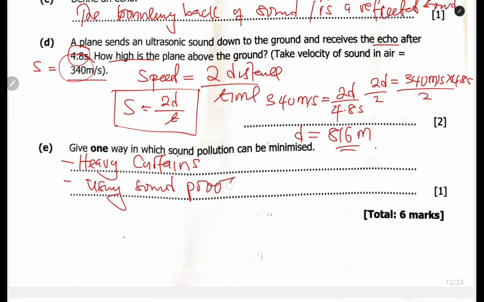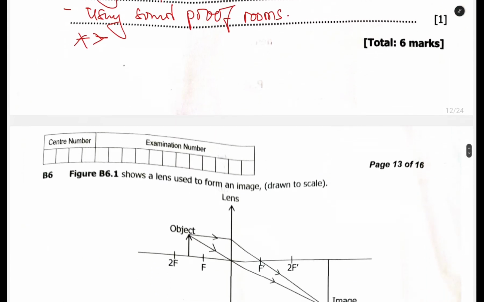I'm sure in the design of houses now, they have soundproofing. So using soundproofing in rooms. They are quite different. So you are going to add some ways we can minimize noise pollution here. Please comment with your answers so that we can all learn, and of course your contribution will be highly appreciated.